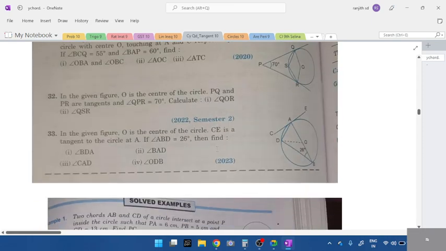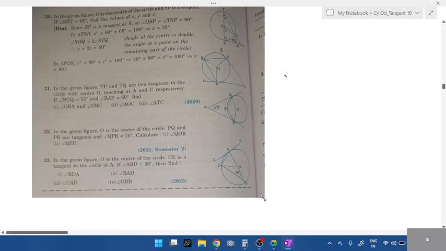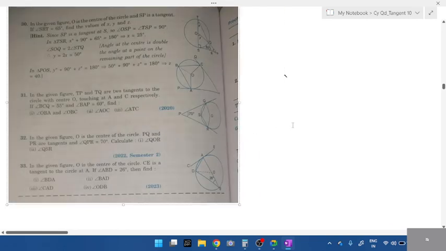Can you see board exam question 31, 2020, 22, 23? Copy the question. All of you copy 31st. I'll explain 31st. 31st is this one.